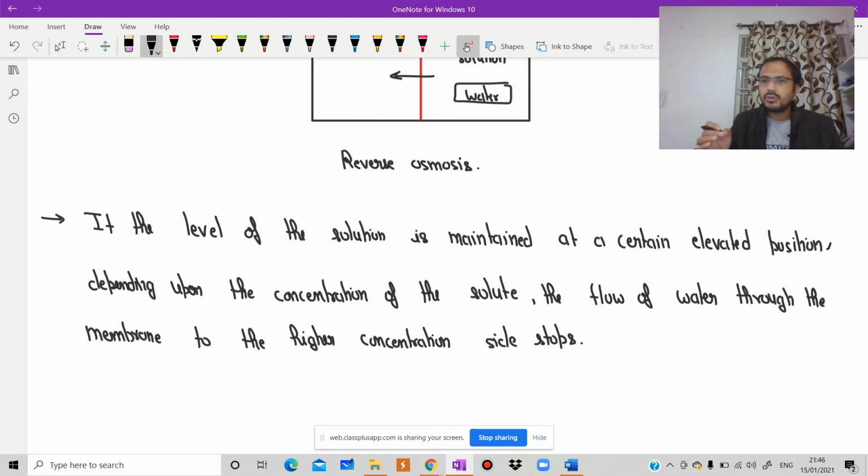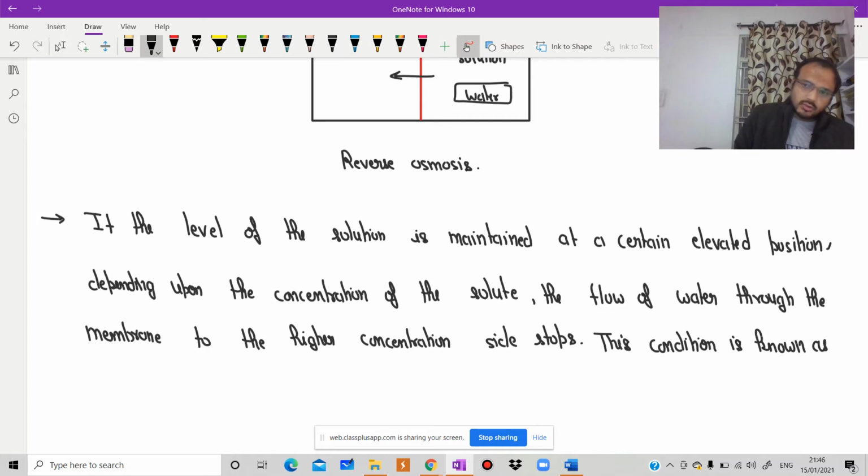This condition is known as osmotic equilibrium.